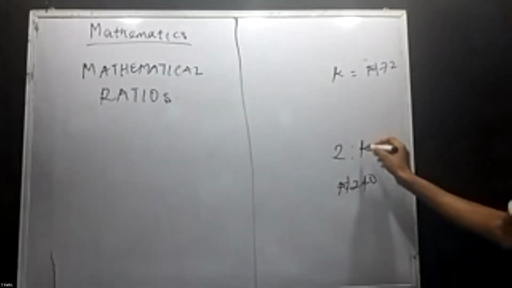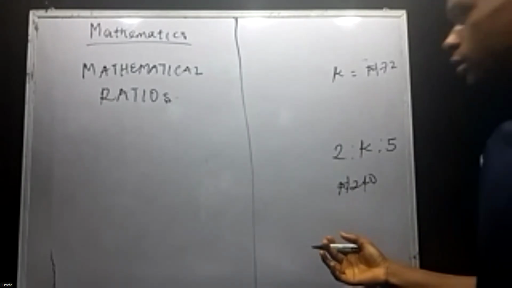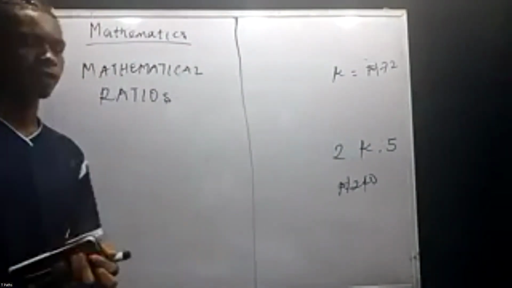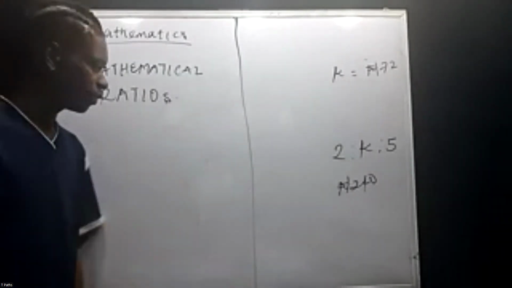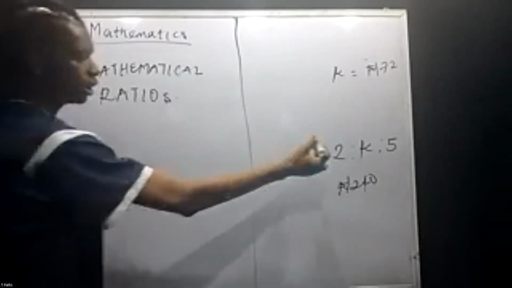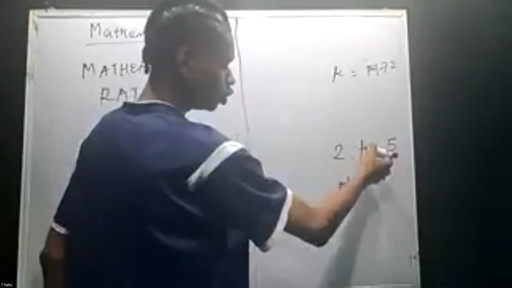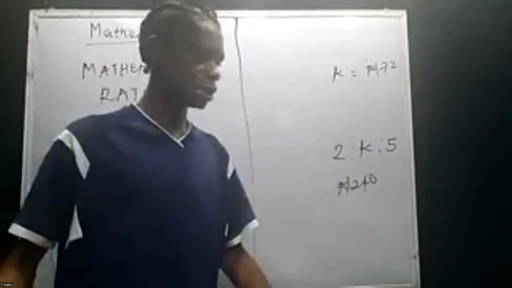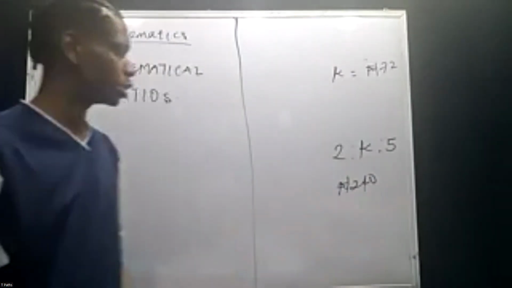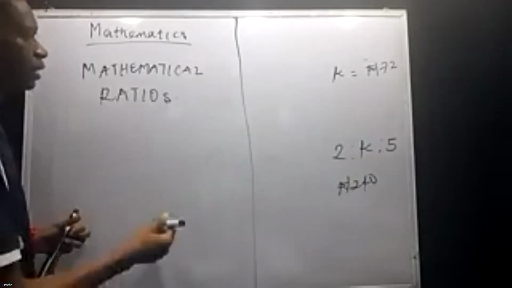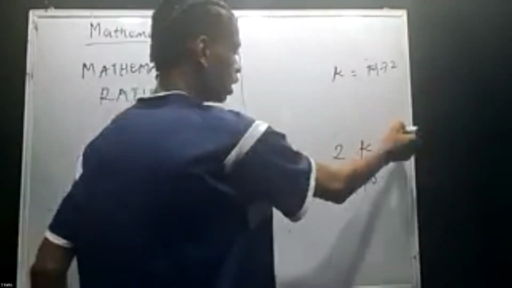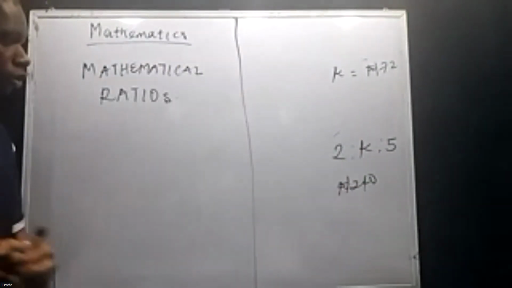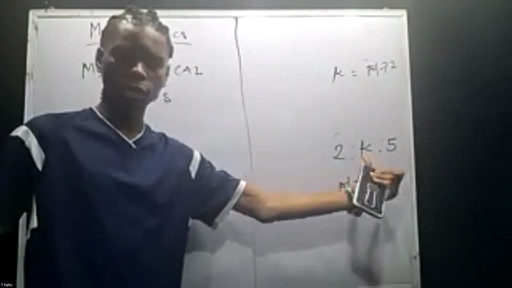So I have to calculate the value of K. Now to do that in ratio, what we do to get each individual value is we add up the unit ratios, divide the ratio we are looking for by the total number of ratio, and then multiply it by the amount shared. What do I mean? I need to add up the total amount of units, divide by the unit ratio I'm looking for, then multiply by the amount shared.